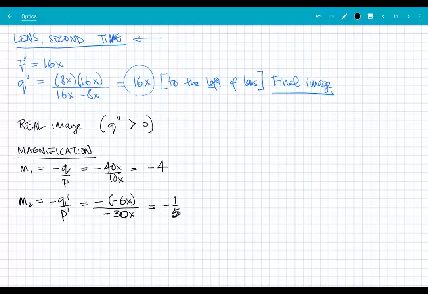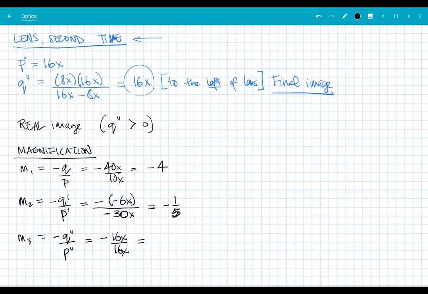That's supposed to be a 5. And then my third magnification is going to be negative q double prime over p double prime, and that will be negative 16x over 16x, which just gives me negative 1.